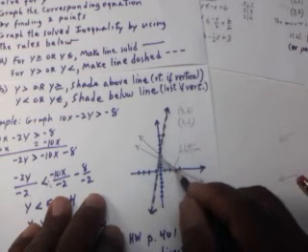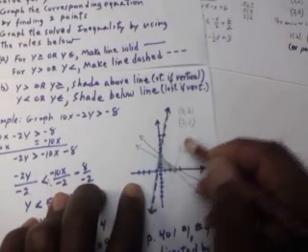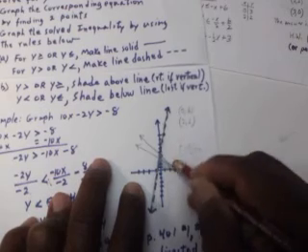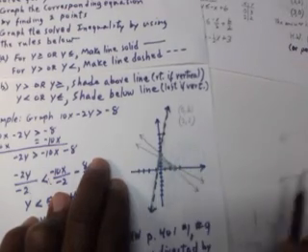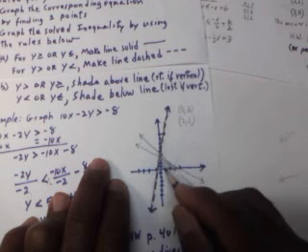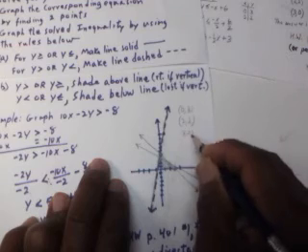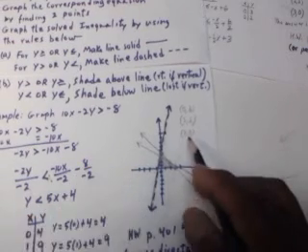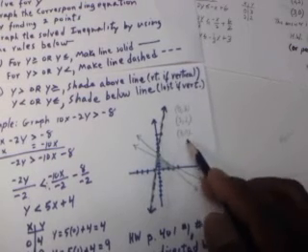And last but not least, we have to check this point here, which is 3, 0. Those are the 3 points that we have to plug into the objective function to see if it gives us a maximum or a minimum.